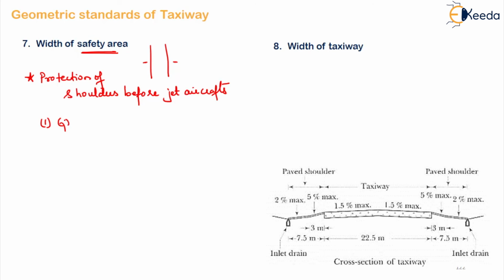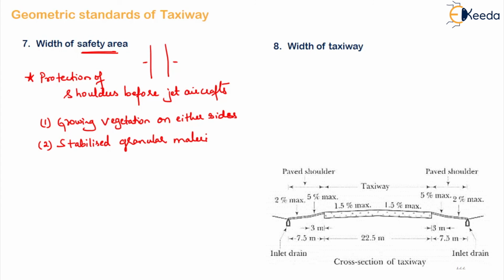One is growing vegetation on either sides, and the second one is by using stabilized granular material coating.